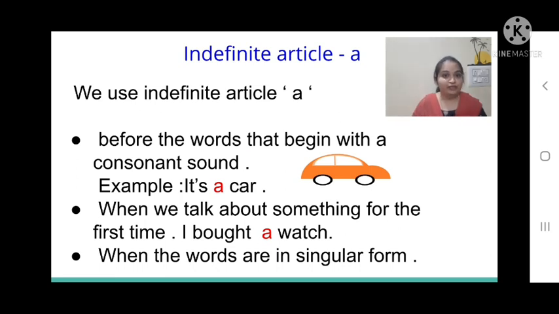We use the indefinite article a before a word that begins with a consonant sound. Take this example sentence: it's a car. Here the word car begins with the consonant sound letter C, so before car we have put a, and it has become it's a car.